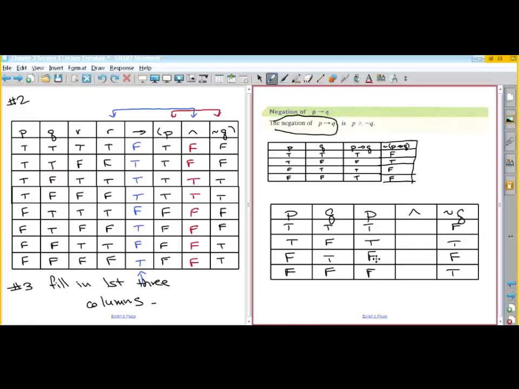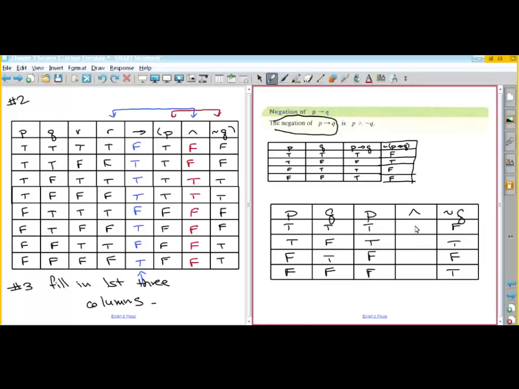The only time an AND statement is true is when they are both true.